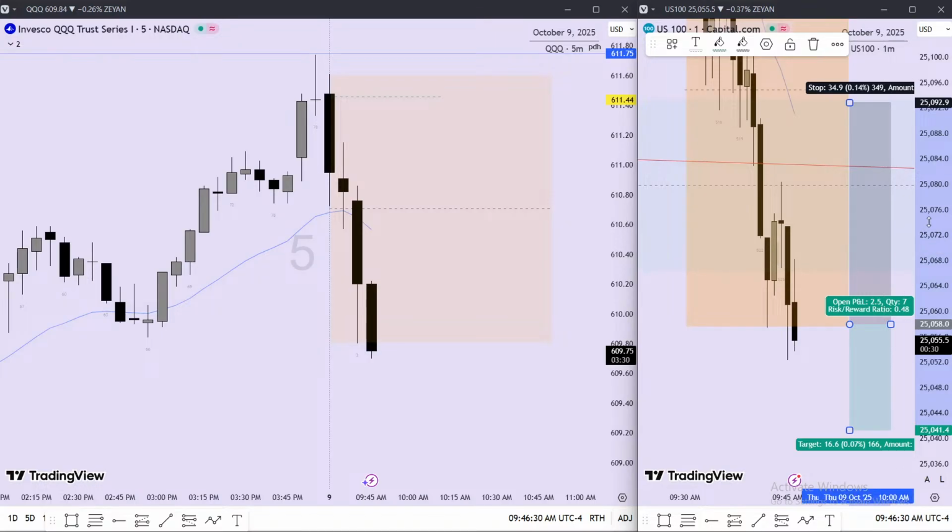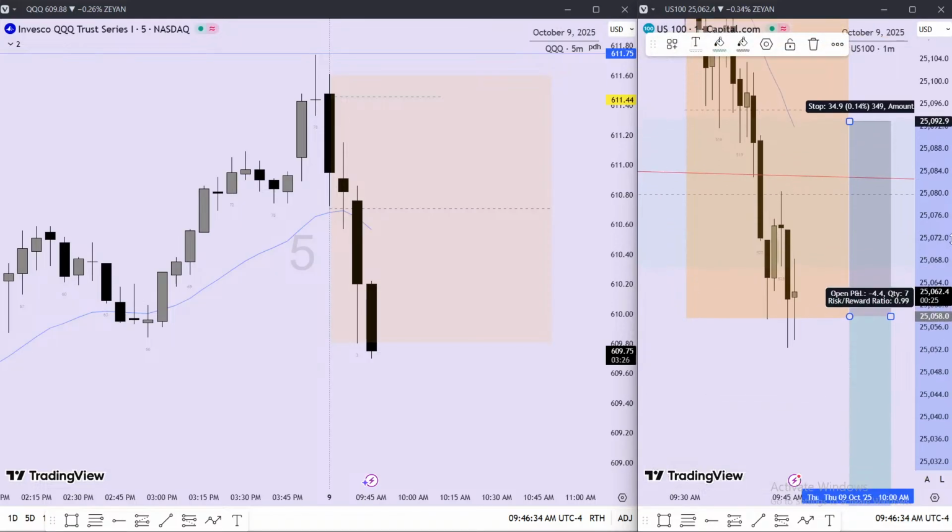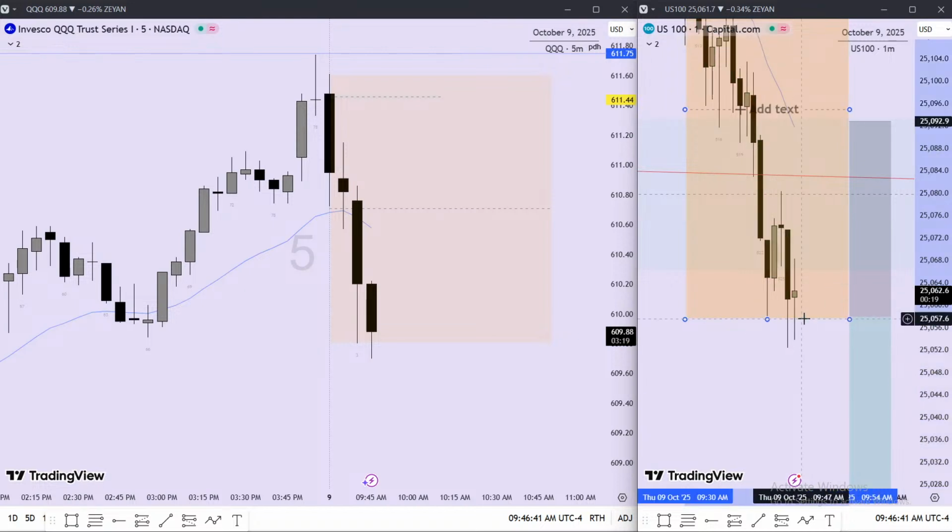32 seconds. 23 seconds. I need this bar to close below this range for me to enter a short. Without this confirmation, I can't. Just can't. 4 seconds.